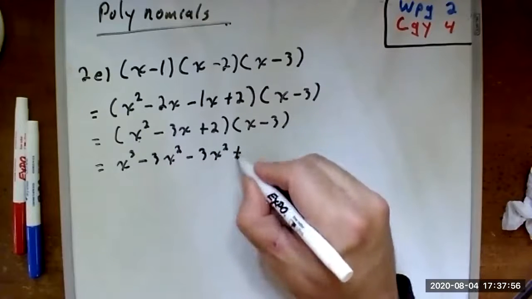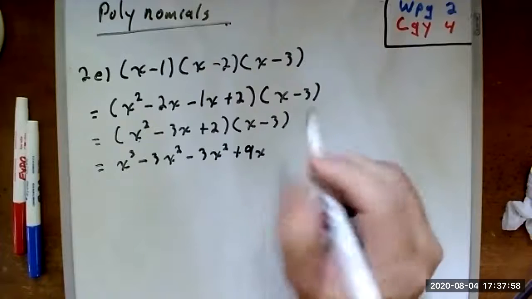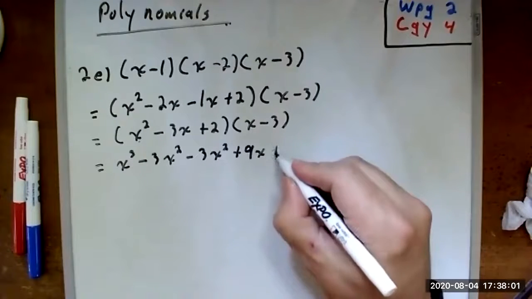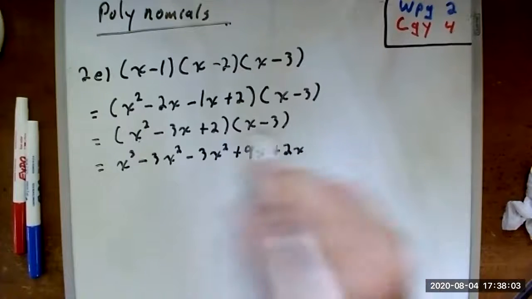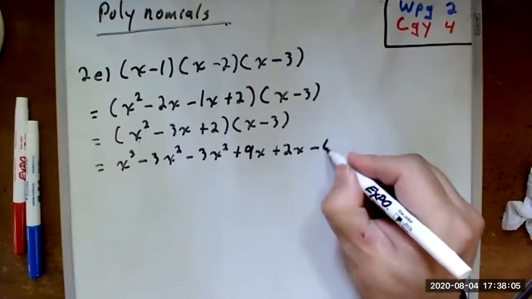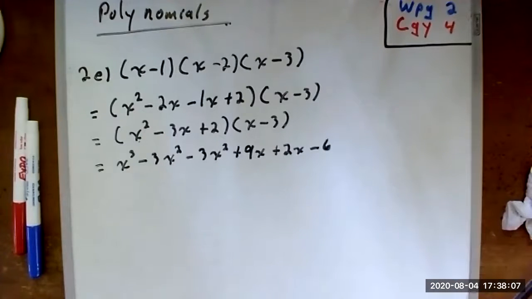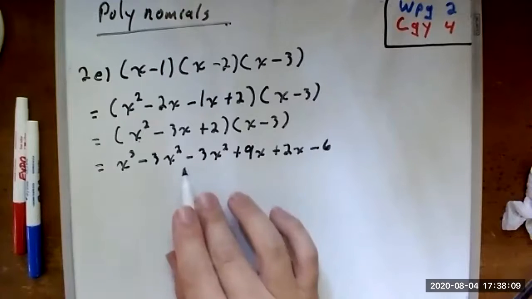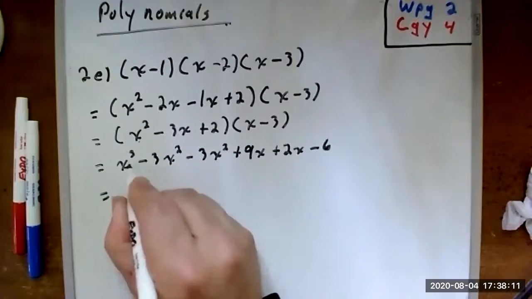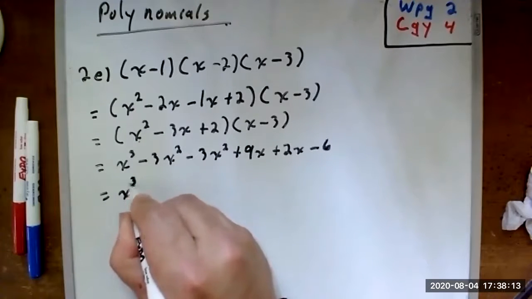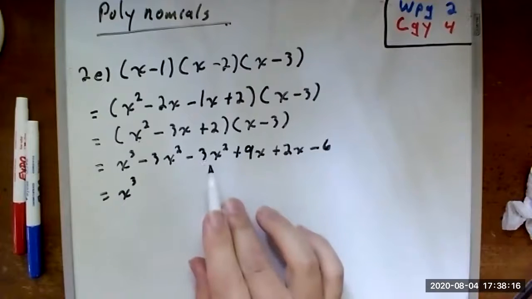Negative 3x times x is also negative 3x squared. Negative 3x times negative 3 is positive 9x. 2 times x is positive 2x, and 2 times negative 3 is negative 6.